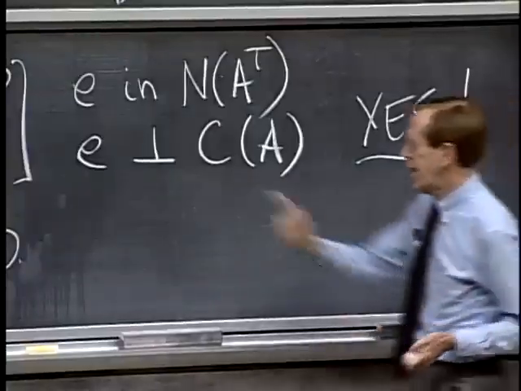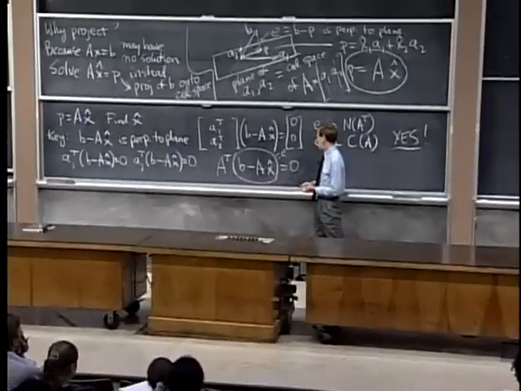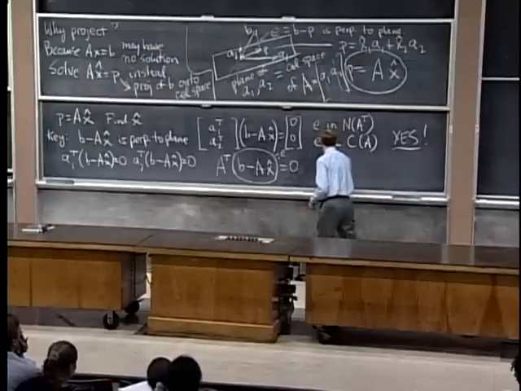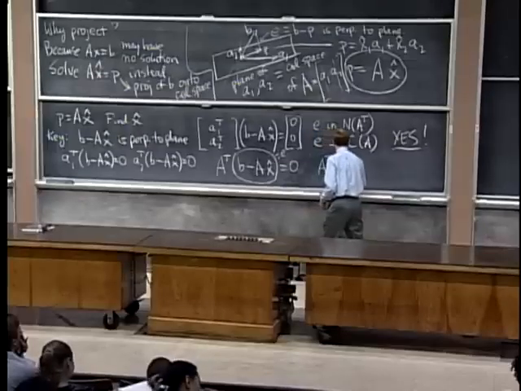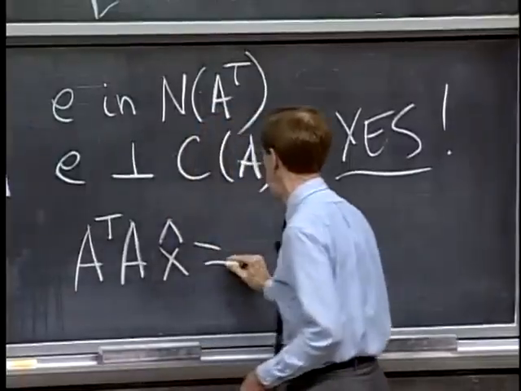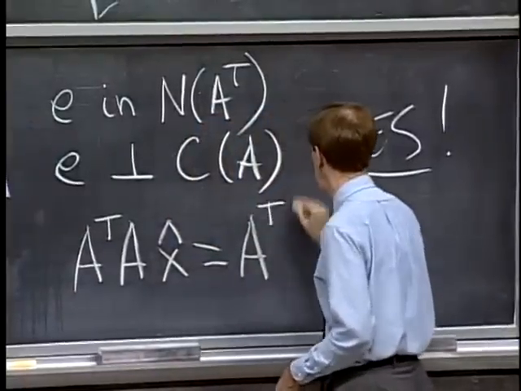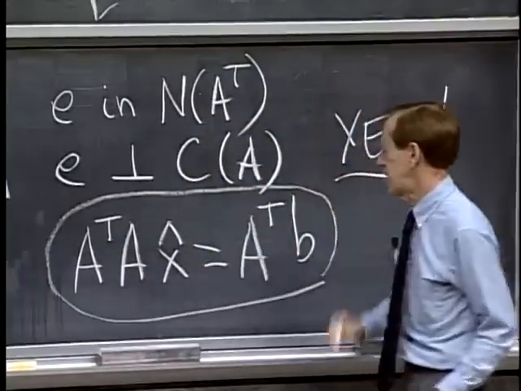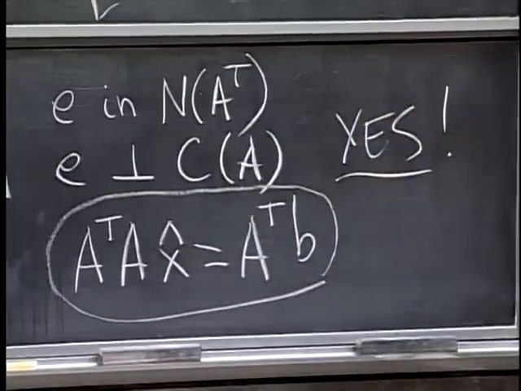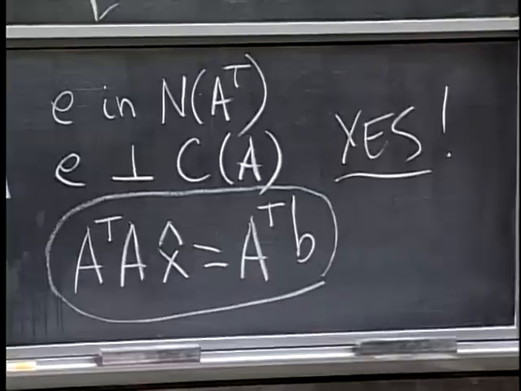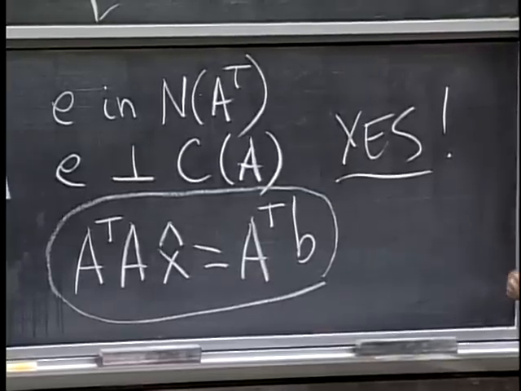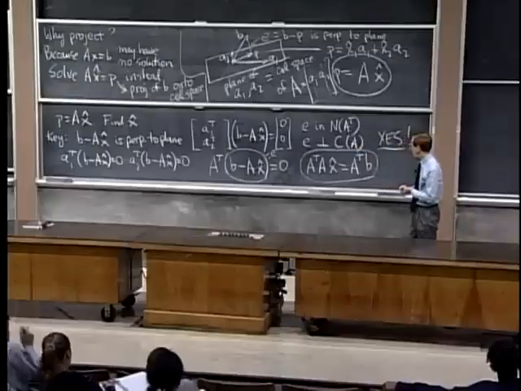Okay, so we got this equation. Now let's just solve it. Let me rewrite it as A transpose A x hat equals A transpose B. That's our equation. That gives us x hat. And allow me to keep remembering the one-dimensional case.